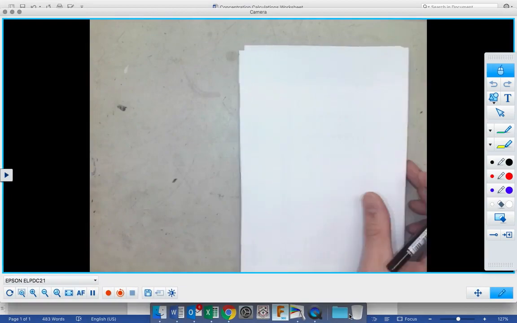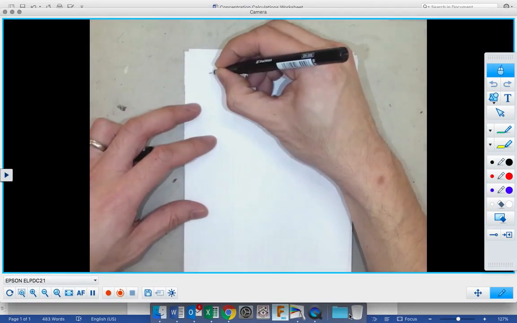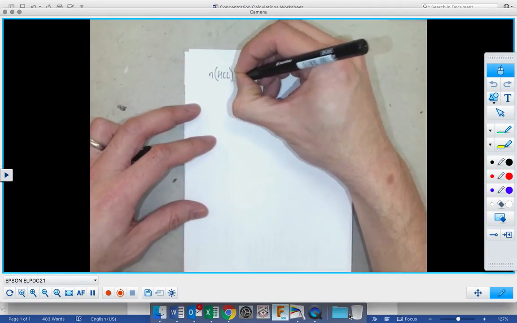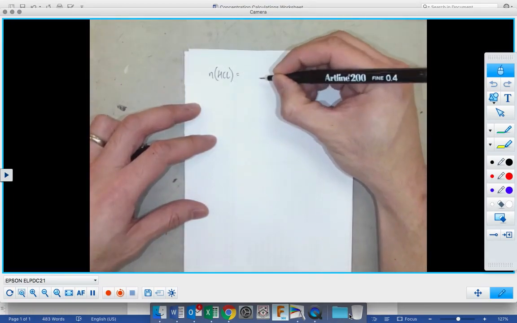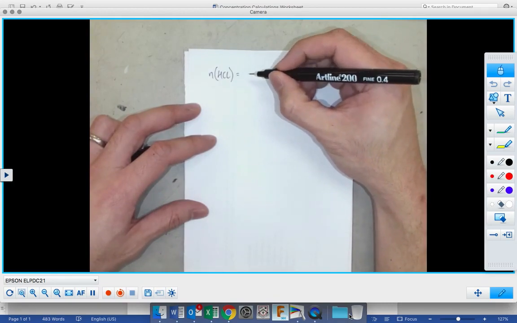We're looking for the number of moles of HCl, and it's very important to show what we're solving and the equation that we're going to use.